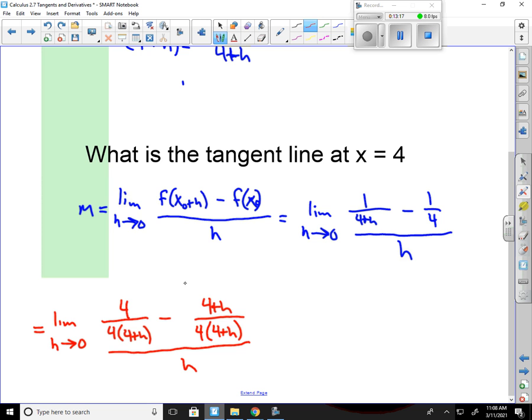Now I can combine these two because they have the same denominator, and distribute my negative to both of those terms. So that's 4 minus h over, and I can distribute my 4 down here. Gives me 16 plus 4h all over h still.